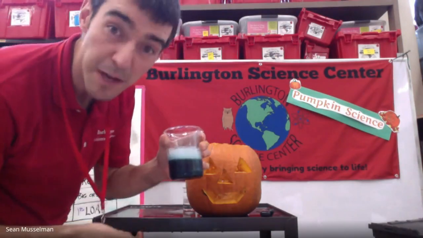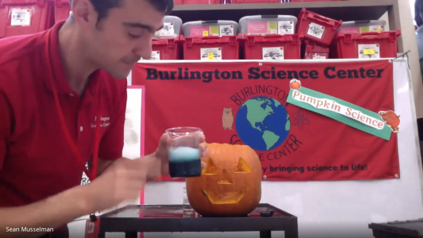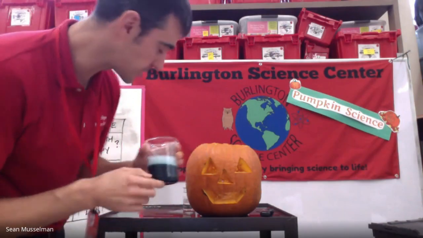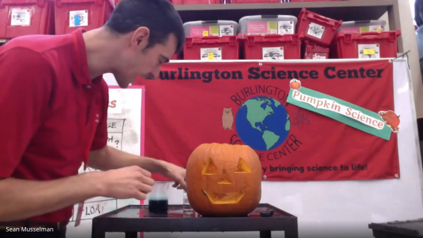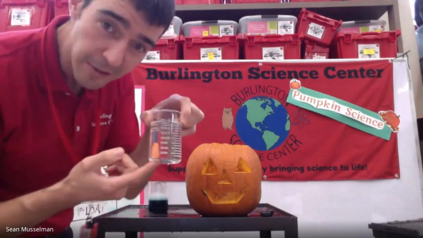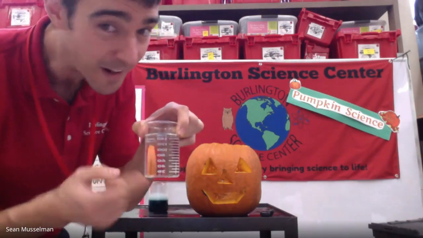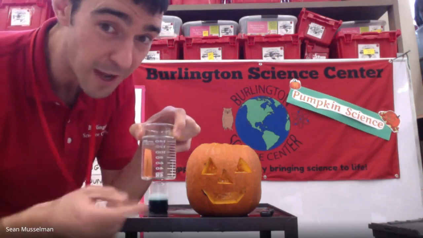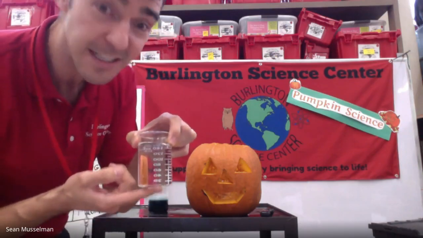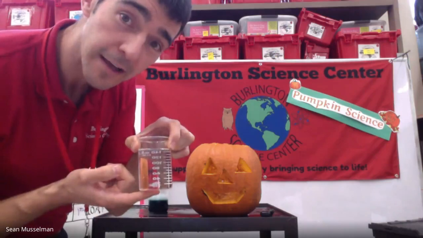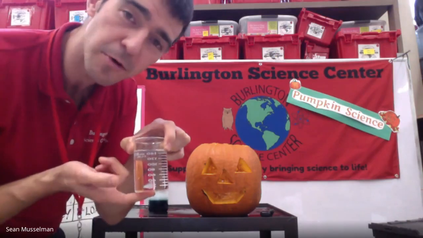It's the special ingredient. Now, that special ingredient is going to react with this clear liquid I have right here. This is not water. It would not be safe to drink. This is hydrogen peroxide.